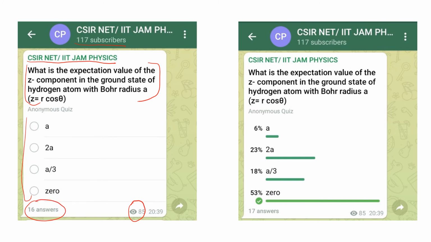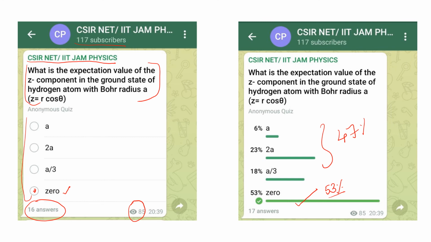Now you know that the answer to this question is 0, and the moment you click here, you will get how many persons have answered it correctly. And see, 53% of them have answered correctly, and the remaining 47% got it wrong.